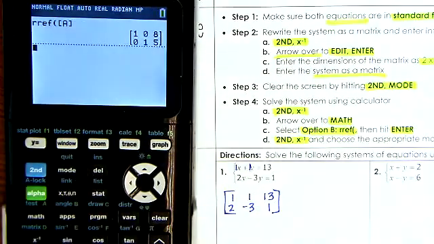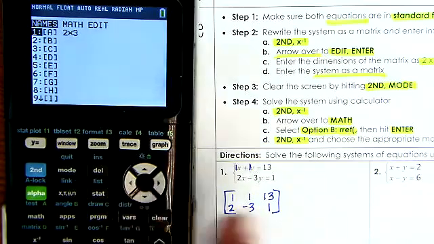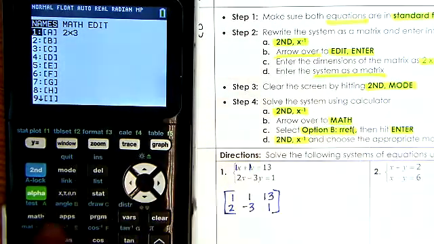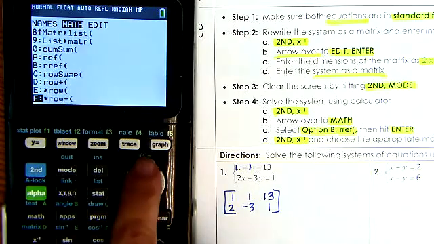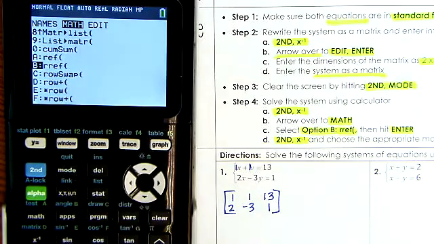We want to get out of the program. Now we have to go back into it to tell it to do something else. So we hit second matrix. We want it to now do math. So we arrow over to the math. And this is where we want the RREF. So I scroll up because it's easier to see the RREF at that point.